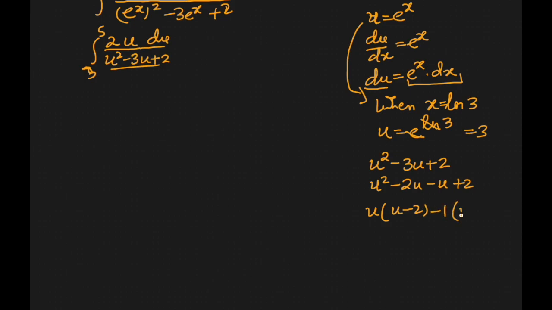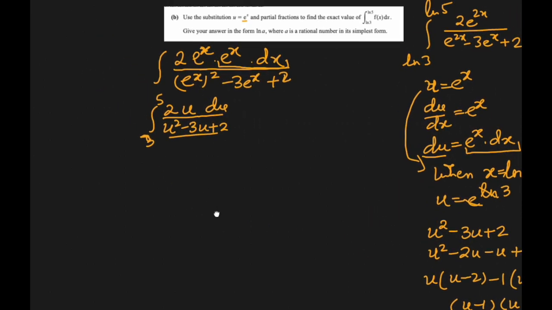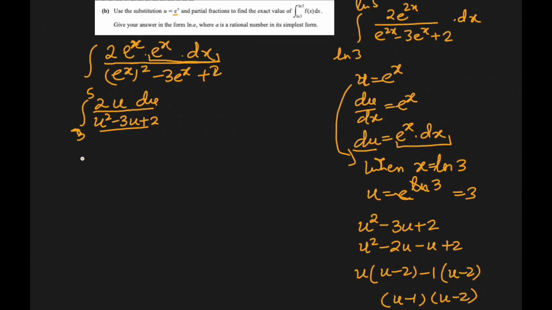Take minus 1 here, u minus 2. So u minus 1, u minus 2. This is our new denominator here. So our integration becomes from 3 to 5, 2u over u minus 1, u minus 2, du. Correct? Yeah, 2u du.